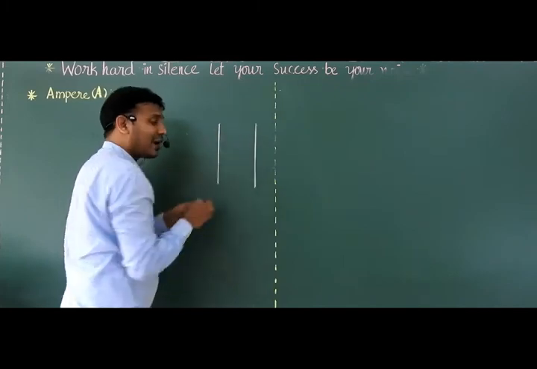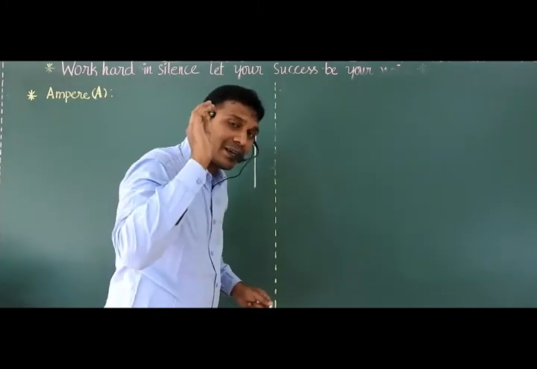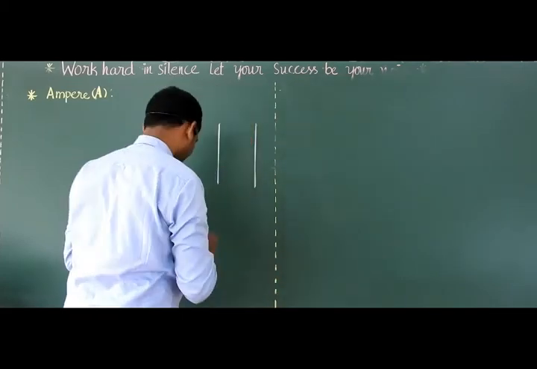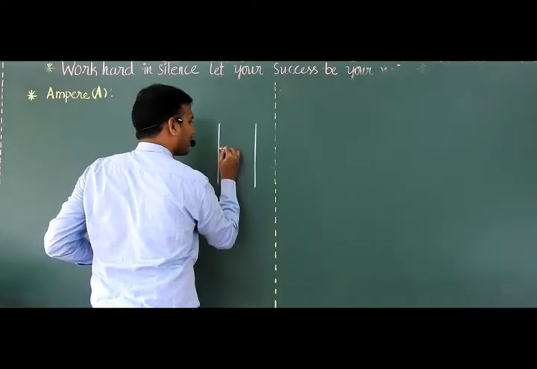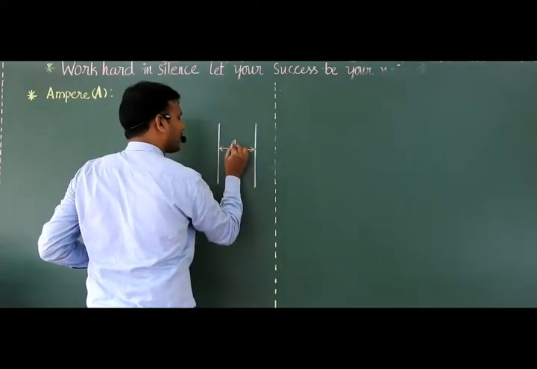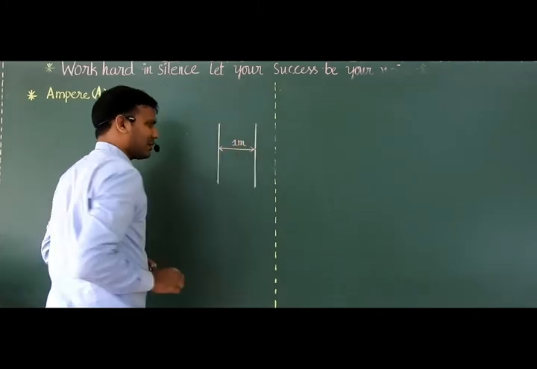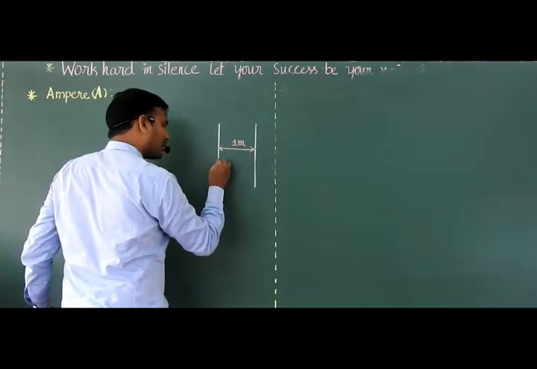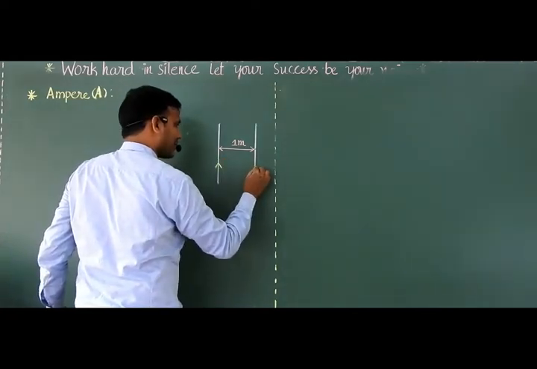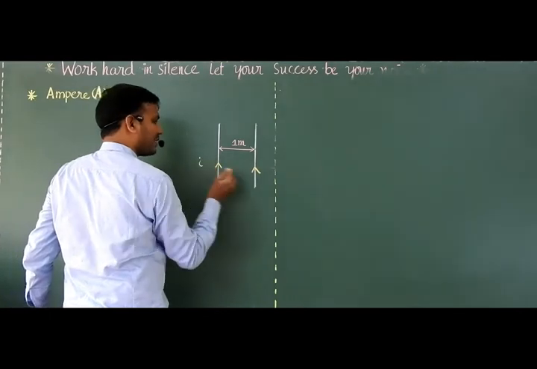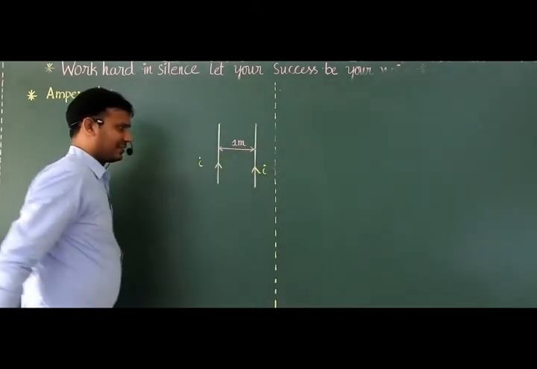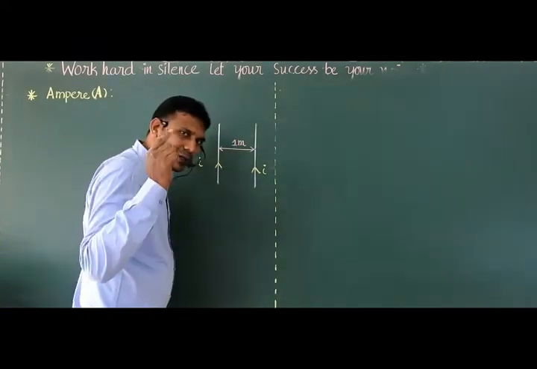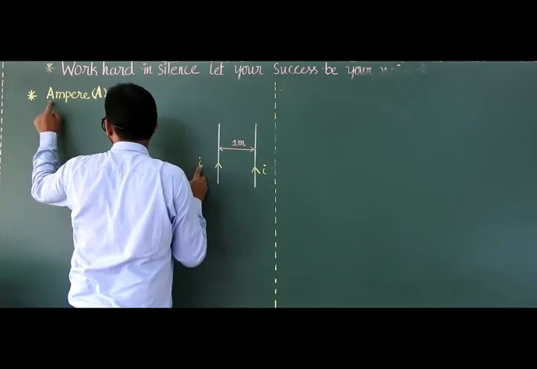Consider two thin conductors of negligible area of cross section, separated by 1 meter, and both the thin conductors carrying current I. Now my question, and your question, is when this current is said to be ampere.